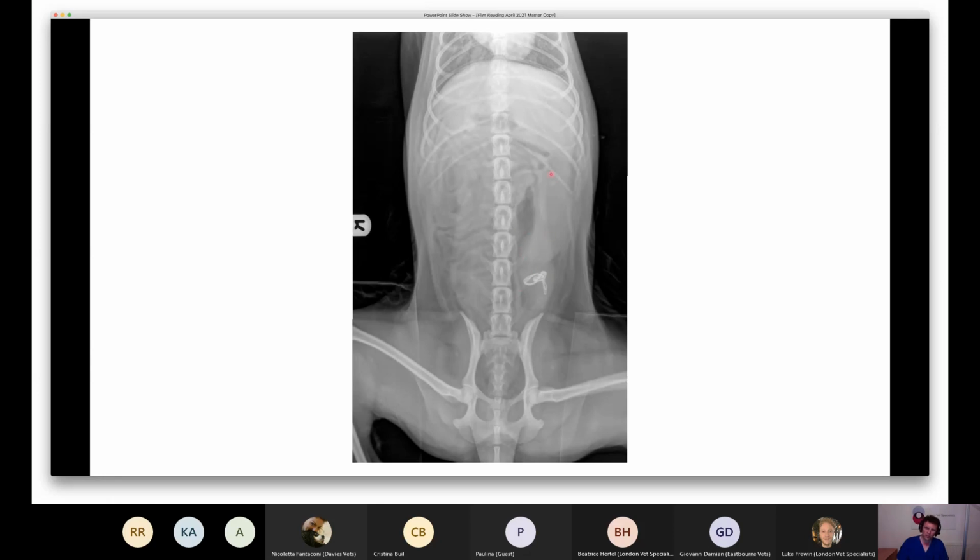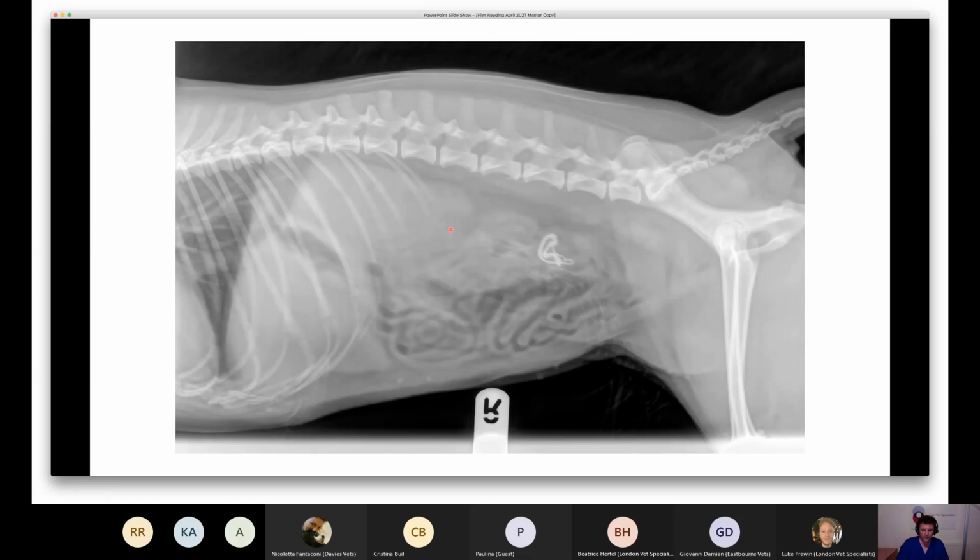Then we've got more soft tissue opacity just cranial to it, running up the left side of the abdomen here. It's pretty tricky to know what that is, and whether that's related to this thing, whatever this thing is, and how it all fits together. So yeah, kind of a weird one.